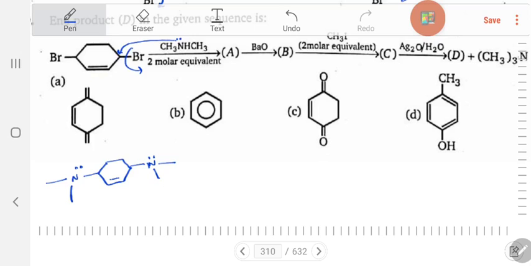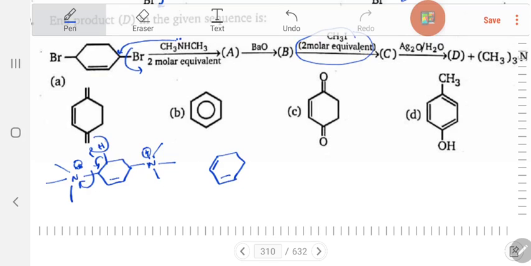Now you are using excess of methyl iodide. When you are providing excess of methyl iodide, again it prefers Hofmann exhaustive methylation. When Hofmann exhaustive methylation occurs, you will get CH3 and a positive charge. The same thing happens here, positive charge. Now hydrogen will be abstracted from this position, then this bond will be shifted here, and this is removed, leading to a double bond formation.